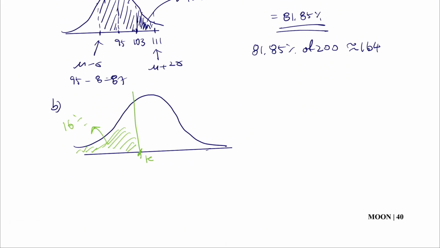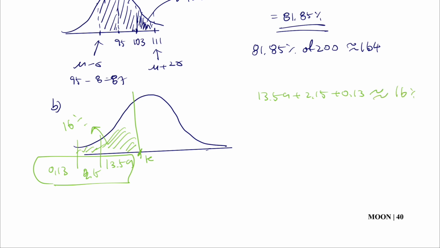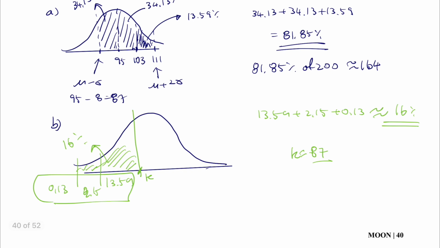So when you add all these three together, they add up to approximately 16%. So we know that is referring to 87, which is the K value, because 87 is where the mean minus 1 standard deviation starts, right? So the answer is 87.